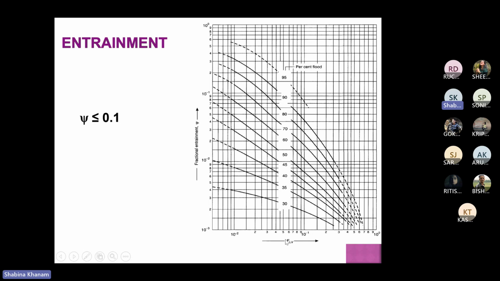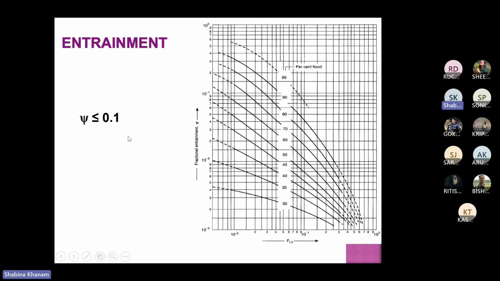This entrainment will depend on the FLV, and you will consider only that FLV at which the tray you are going to design is located. These curves are basically percentage flooding. So let's say you have taken 80%, so you can choose this curve, or 85% just in the middle, and the FLV value of that tray location you know already, so you can check the entrainment.